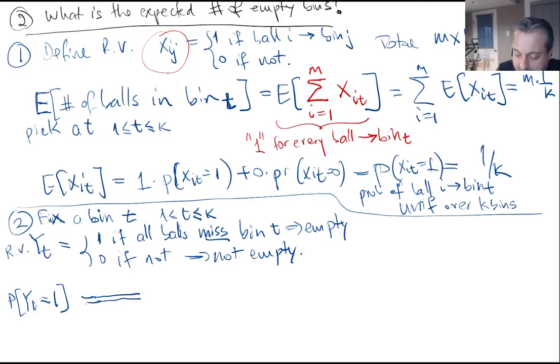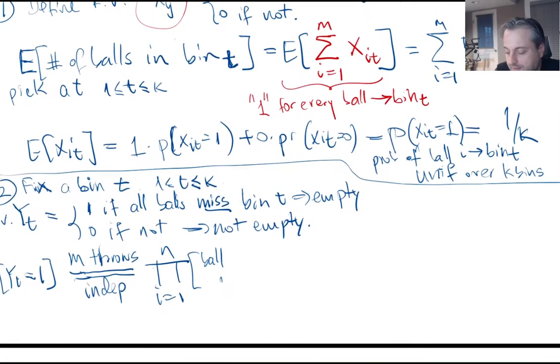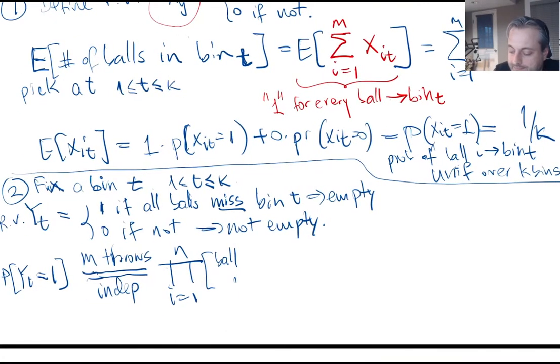We have m throws, and they are all independent. So this is the product from i equals 1 to m of the probability that ball i misses bin t.